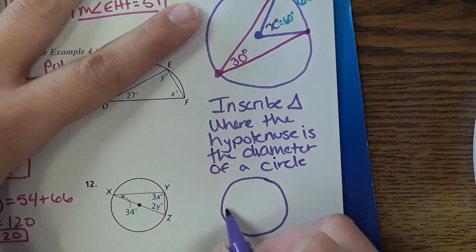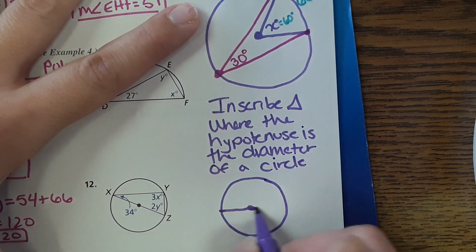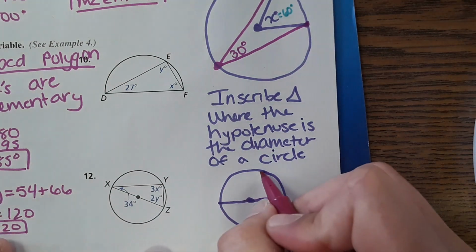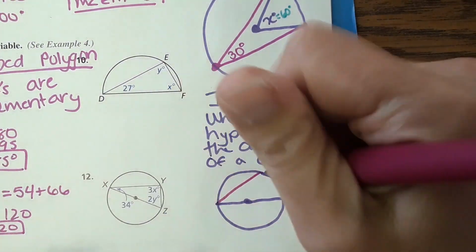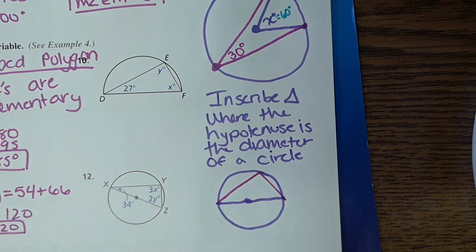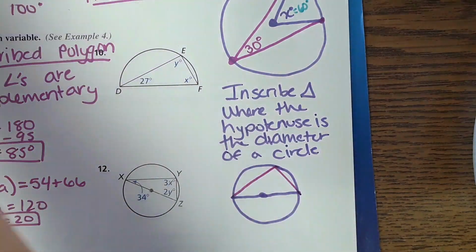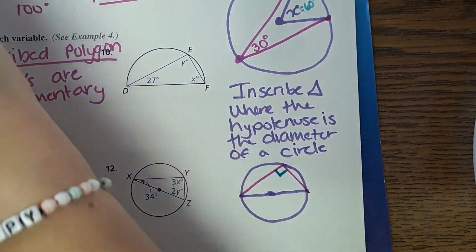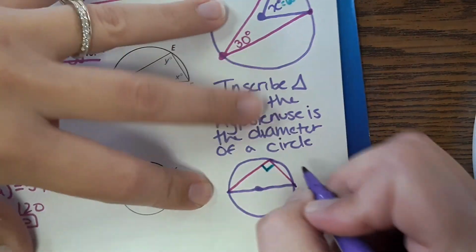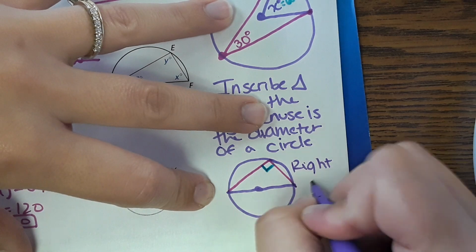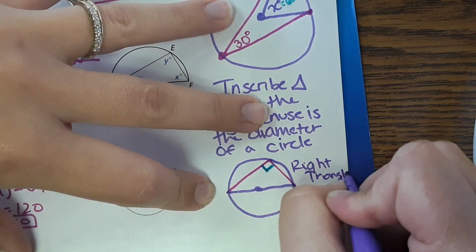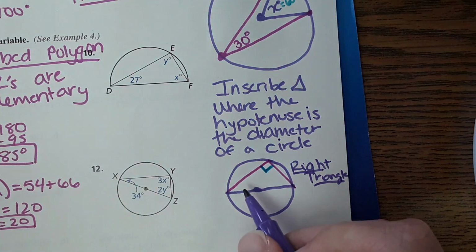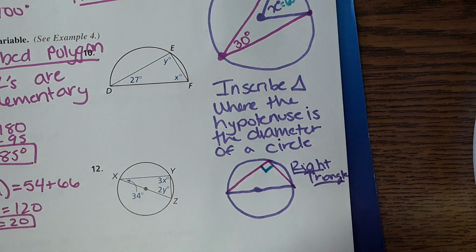So we have a circle. Here is the diameter. When you have a triangle whose hypotenuse is the diameter of the circle, what happens is this is a 90-degree angle and it's a right triangle. So when you have this situation, it is a right triangle, and then you can use trigonometry, you can use Pythagorean theorem, whatever you need to do to find angles and side lengths of this triangle.